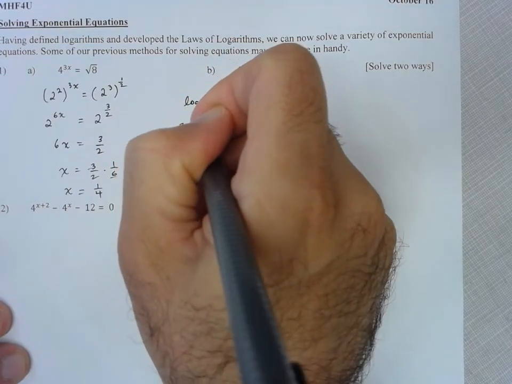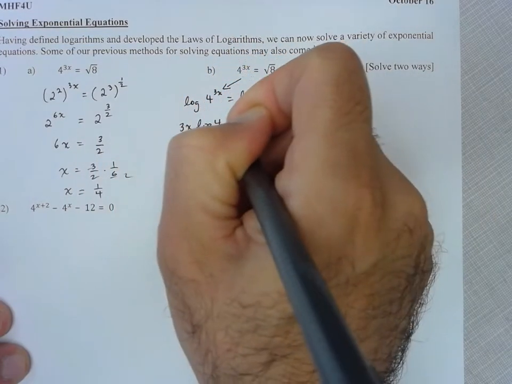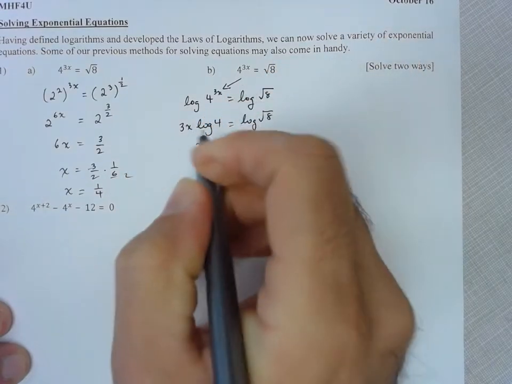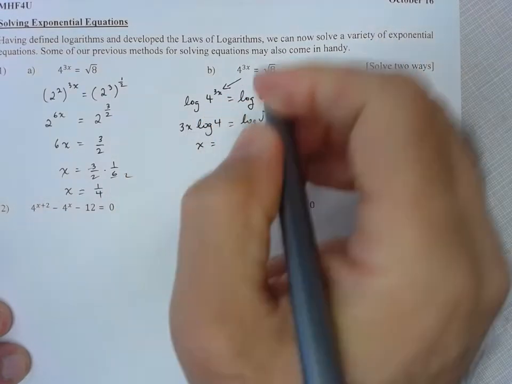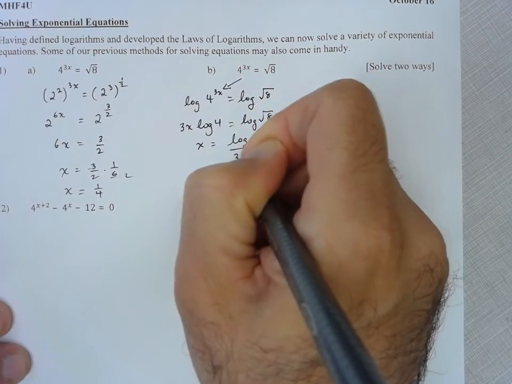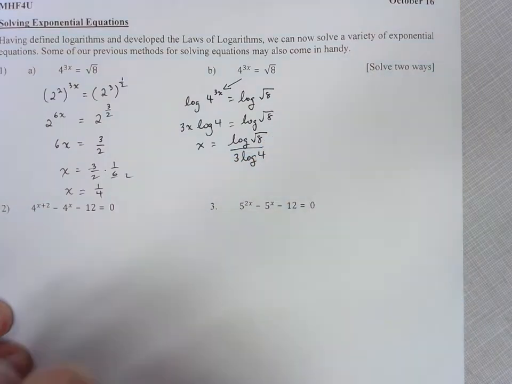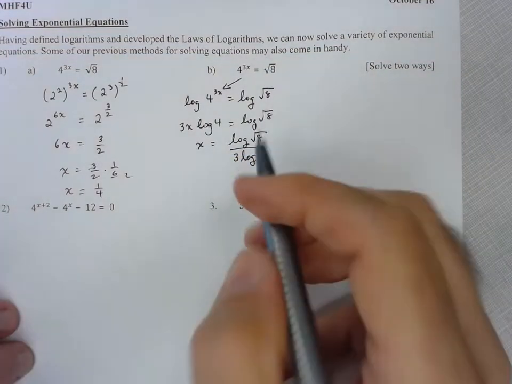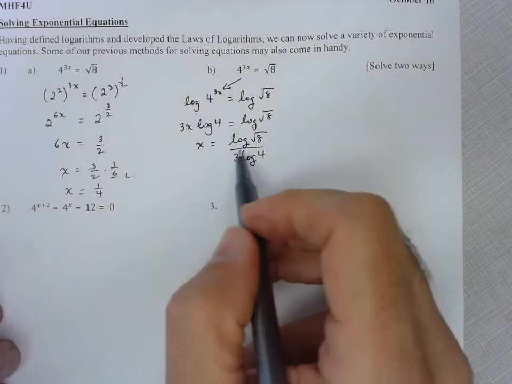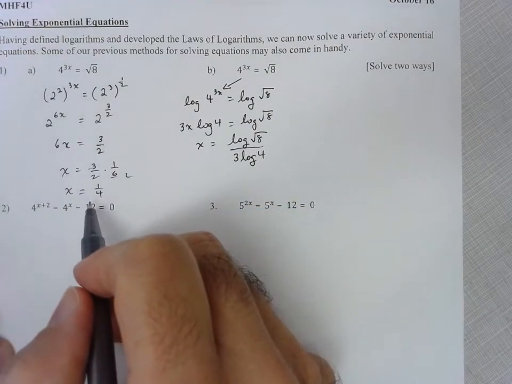So 3x log 4 equals log of root 8. And so x is just equal to, I'm going to divide out the 3 and the log 4, so log root 8 over 3 log 4. Now this is great because I can just stick this into my calculator and get an estimate, and in fact presumably I would get exactly the same thing, 1/4.